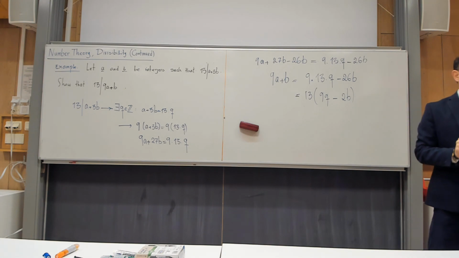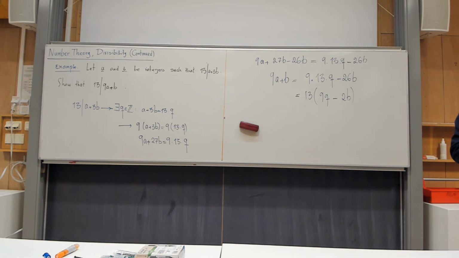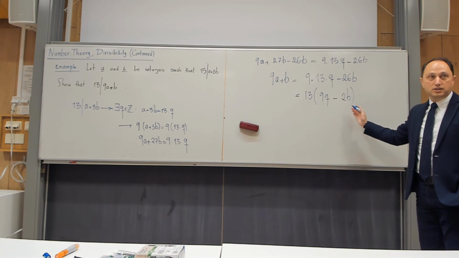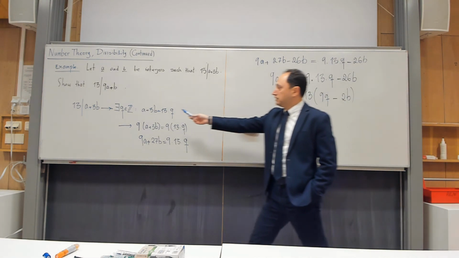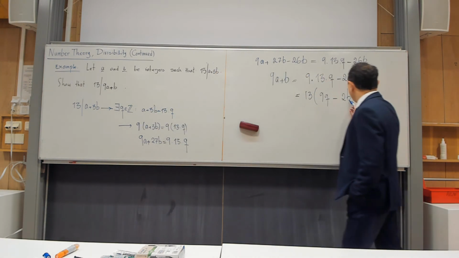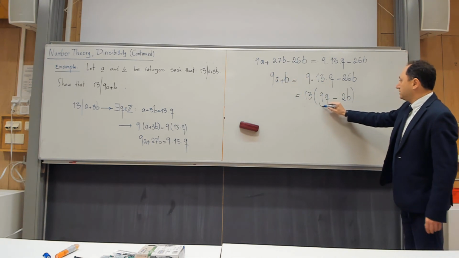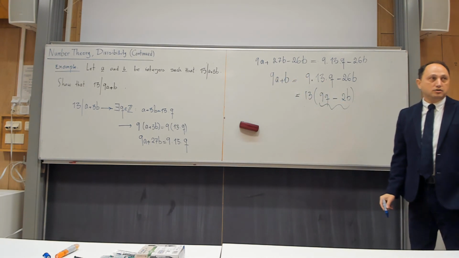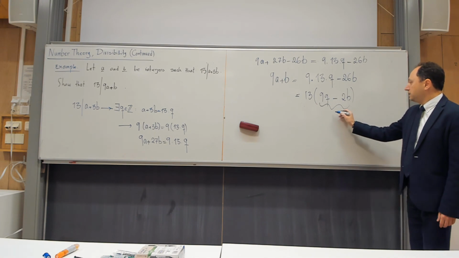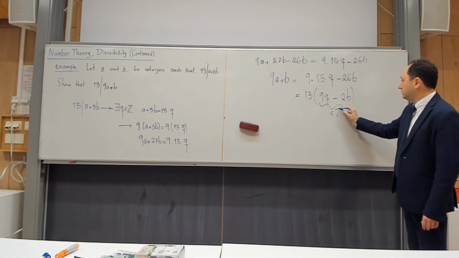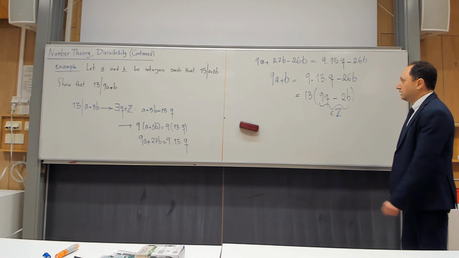What you care about is that it is an integer. Q was an integer, and b was also an integer in the problem. So do you agree that this combination, 9 times q minus 2b, is definitely an integer? And that is what I need.